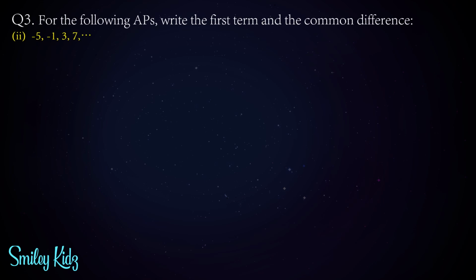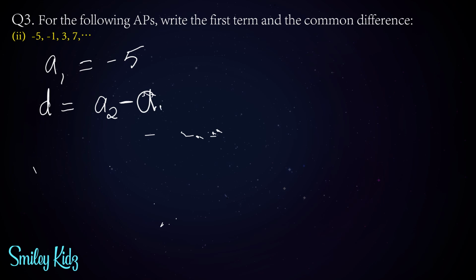Moving ahead, we have minus 5, minus 1, 3, 7. So what is the first term of the series over here? The first term is minus 5, isn't it? So what is the value of A1? A1 is equal to minus 5. Now you're going to find out the common difference. D is equal to A2 minus A1. That is the second term minus the first term will give you the common difference.